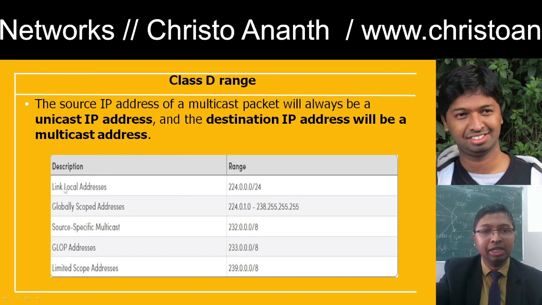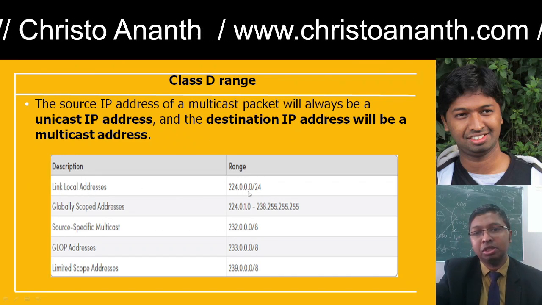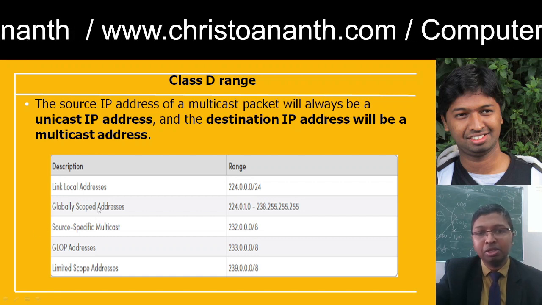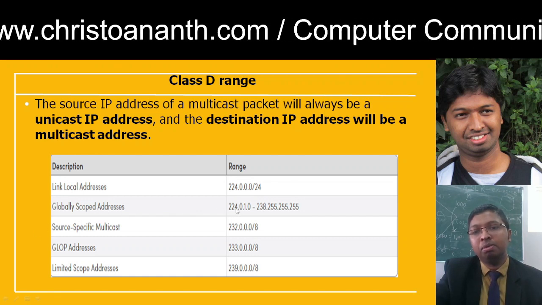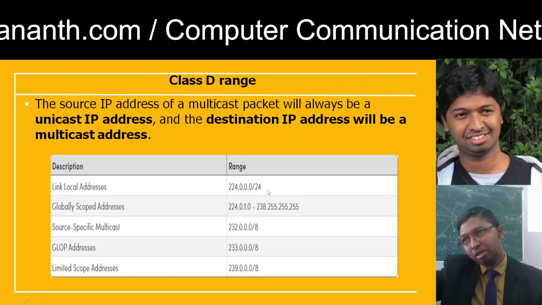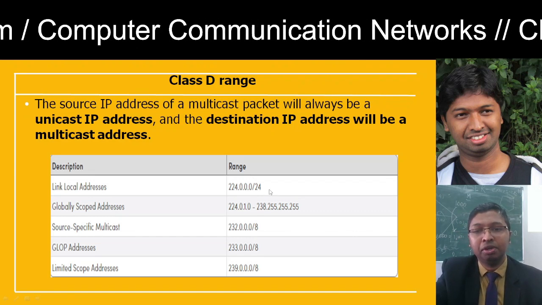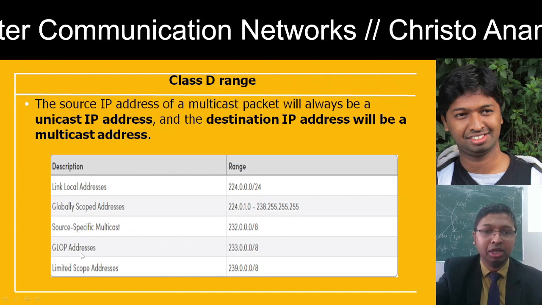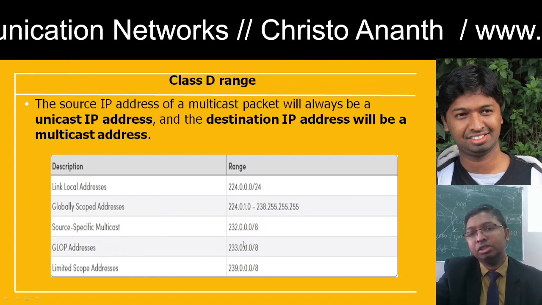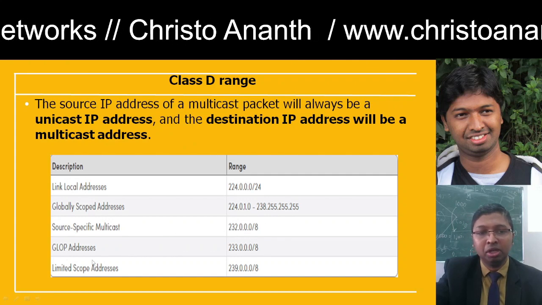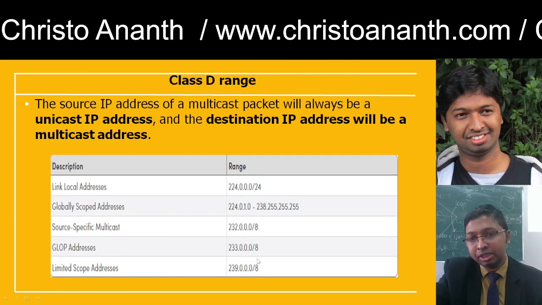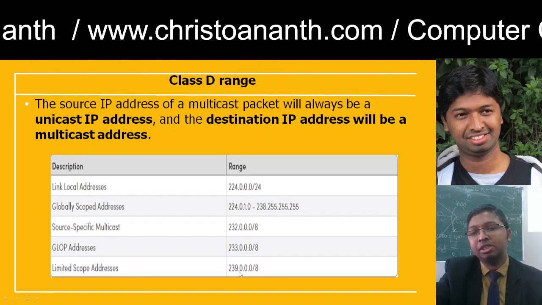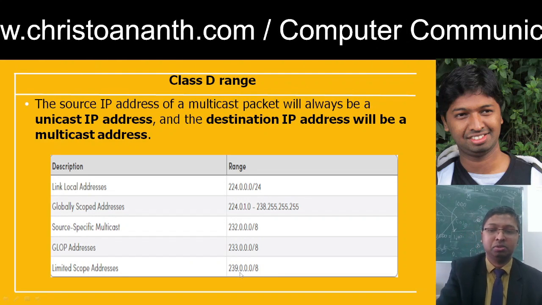The link local range starts at 224.0.0.0, and the globally scoped range is 224.0.1.0 to 238.255.255.255. Source specific multicast is 232.0.0.0, GLOP addressing is 233, and the limited scope range is 239.0.0.0.